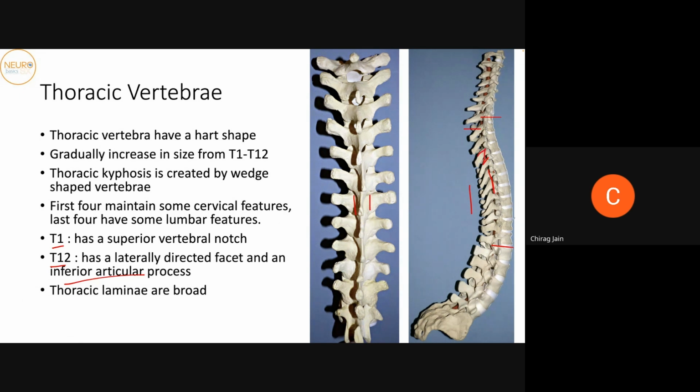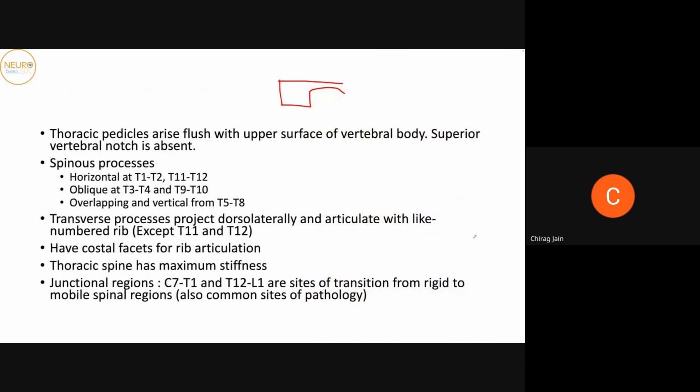And then at the end, they'll be a little bit more horizontal. So at T1 to T2 and T11 to T12, they're more horizontal. At T3, T4 and T9 to T10, they're more oblique. And T5 to T8, they are vertically down and overlap with each other.